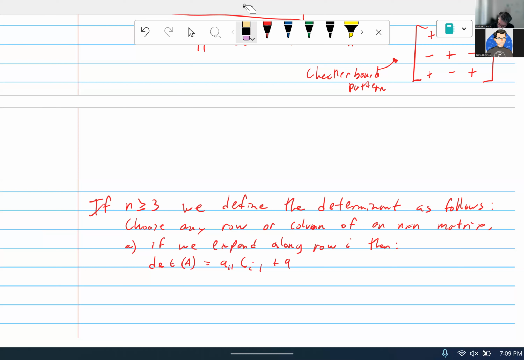I'm sorry, this should just be a_i1, because we're not necessarily choosing the first row. It's a_i1 times the cofactor C_i1 plus a_i2 times the cofactor C_i2 plus ... and this continues for the entire row or column.